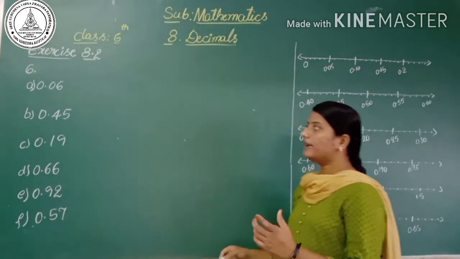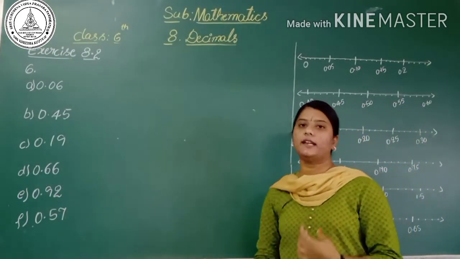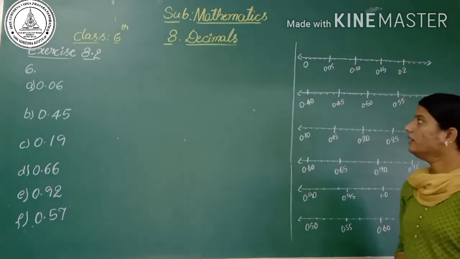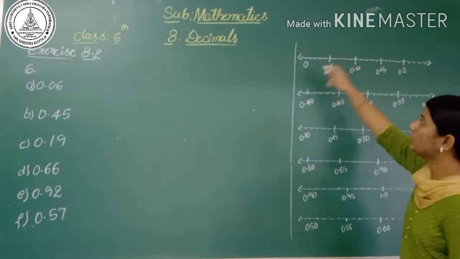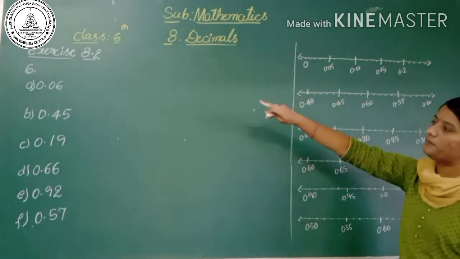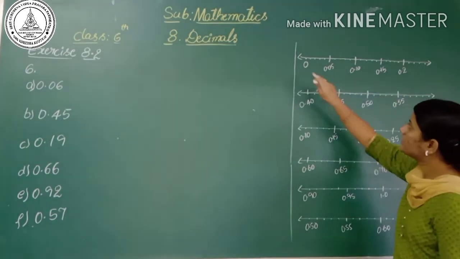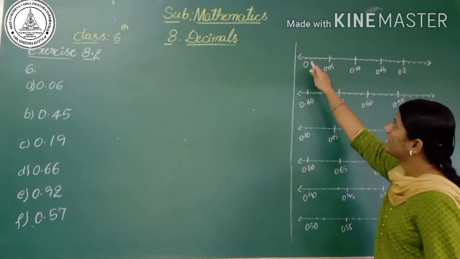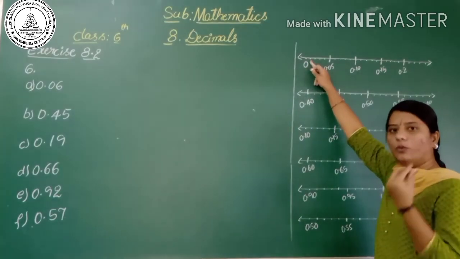The length between 0 and 1 is divided into 100 equal parts. So you may mark 0.06 on a number line. Here there is a 0, and each part is 0.01.